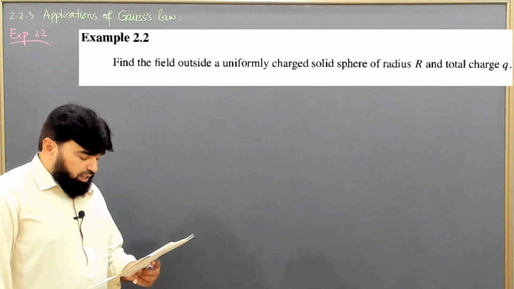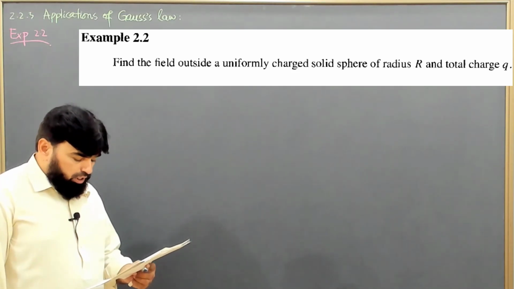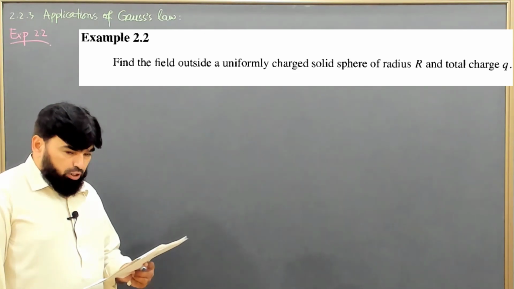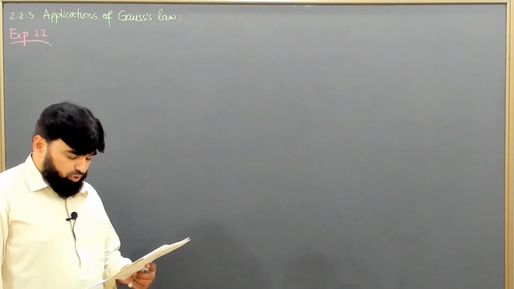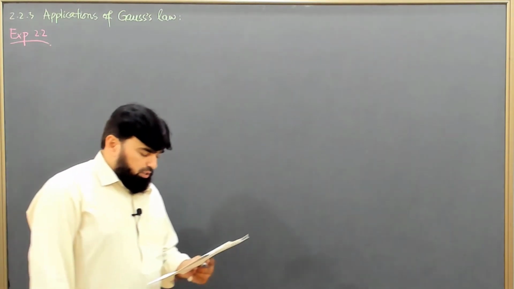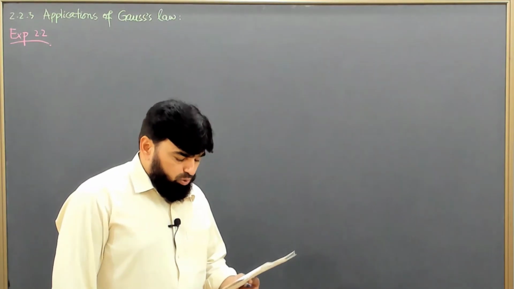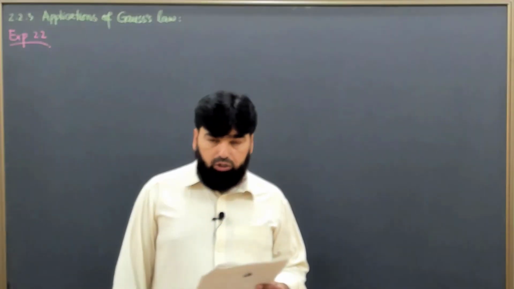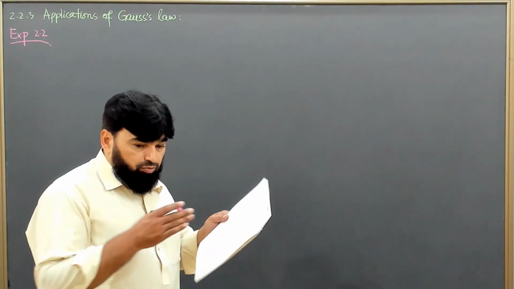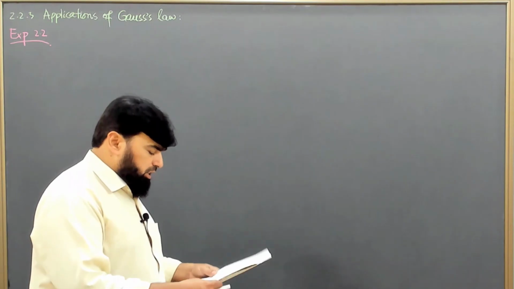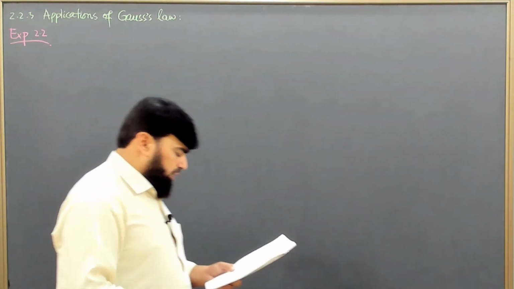It says, find the field outside a uniformly charged solid sphere of radius R and a total charge Q. So we are going to find out the electric field outside a uniformly charged solid sphere. Solid sphere means that it is filled from the inside and all the material of this is charged.